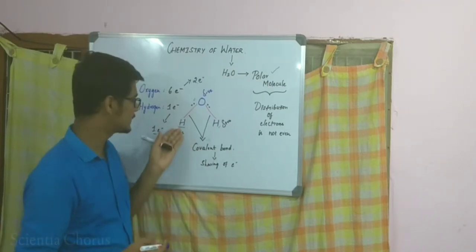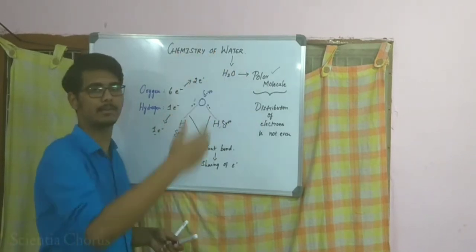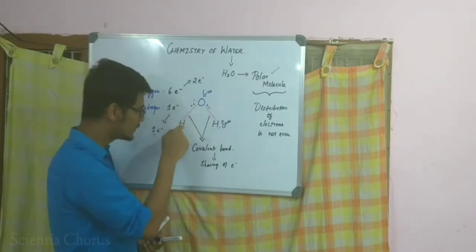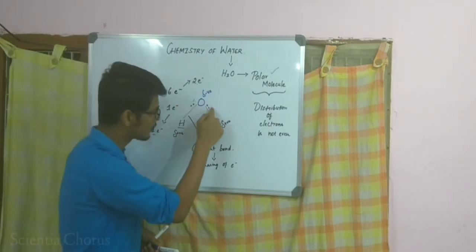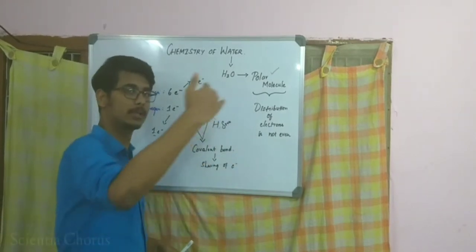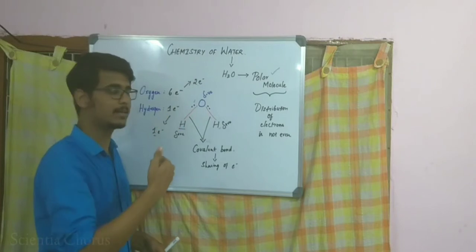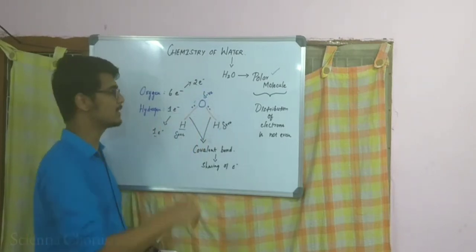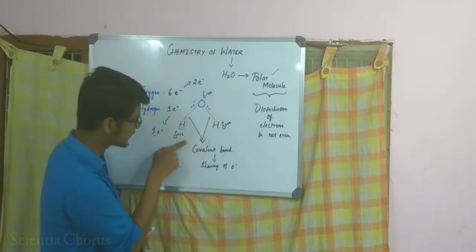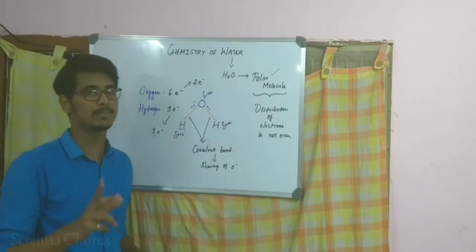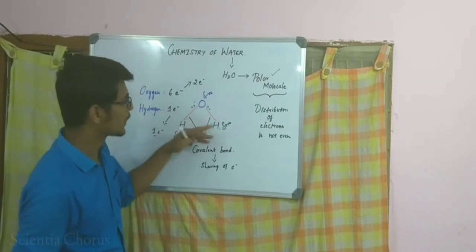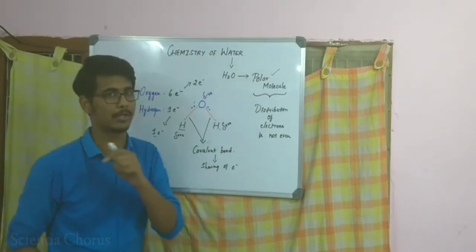This is because this hydrogen has not totally given the electron to the oxygen. Still it is sharing. Still this electron is hydrogen's electron. But since the electrons are towards the oxygen, there occurs a partial negative charge, and in this case there is a partial positive charge. Fine. So this makes the water molecule a polar molecule.